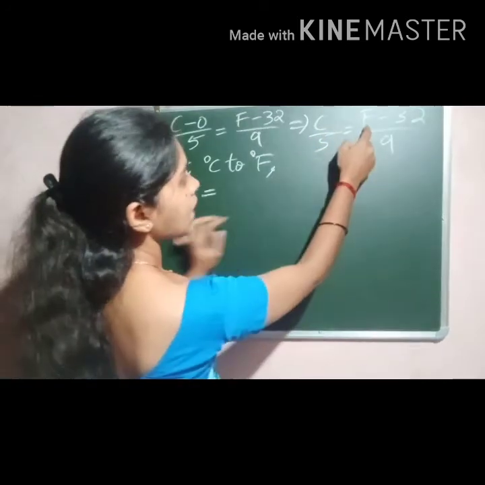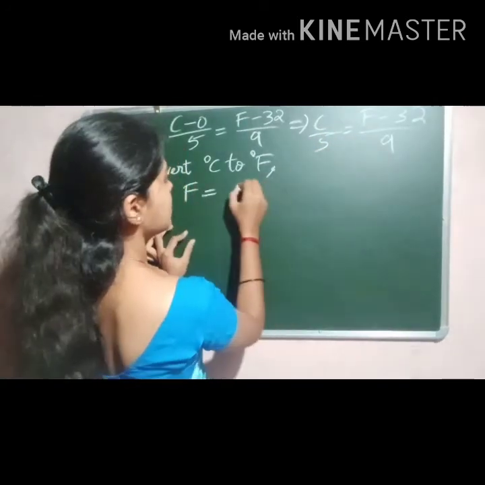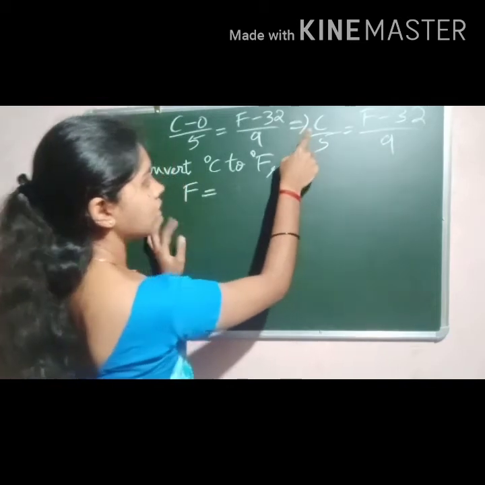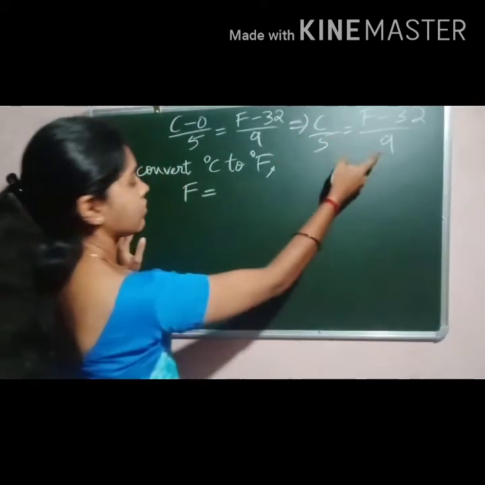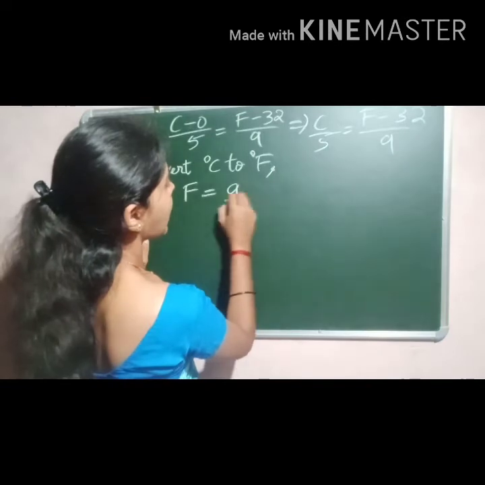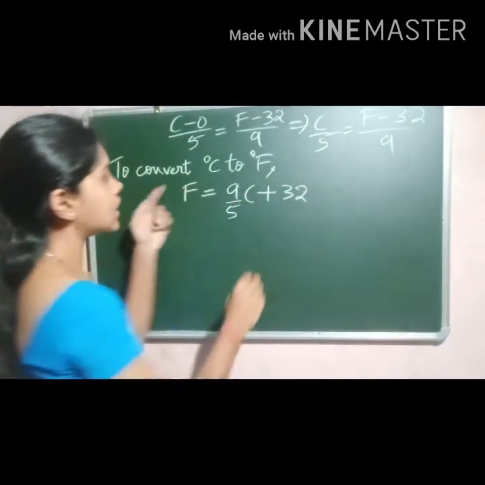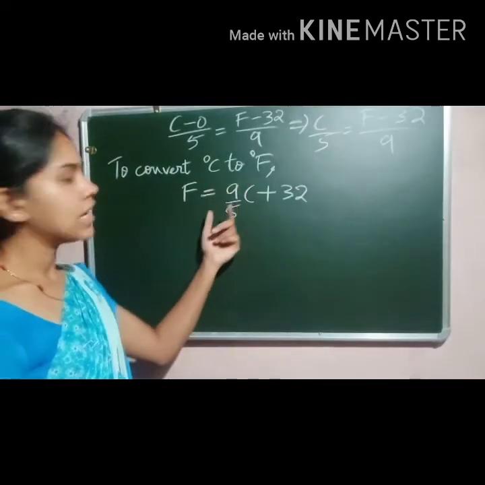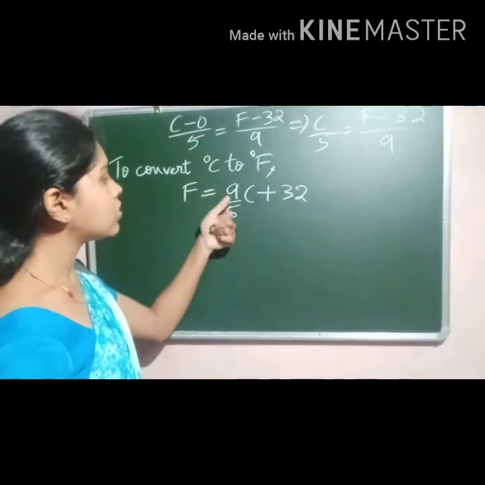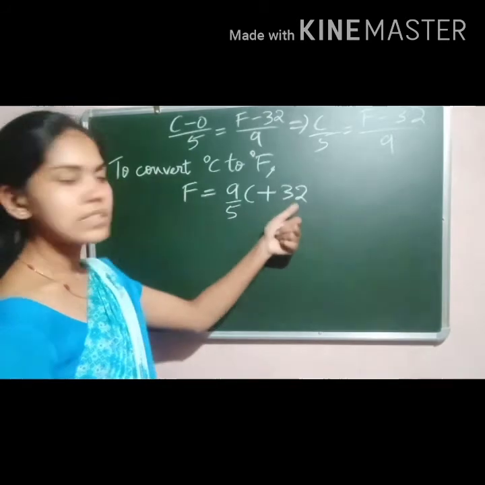Okay, keep F there only. Transpose the 9 to the left side. So F is equal to 9 by 5 C plus 32. To convert degrees Celsius to Fahrenheit, you can use this formula: F is equal to 9 by 5 C plus 32.